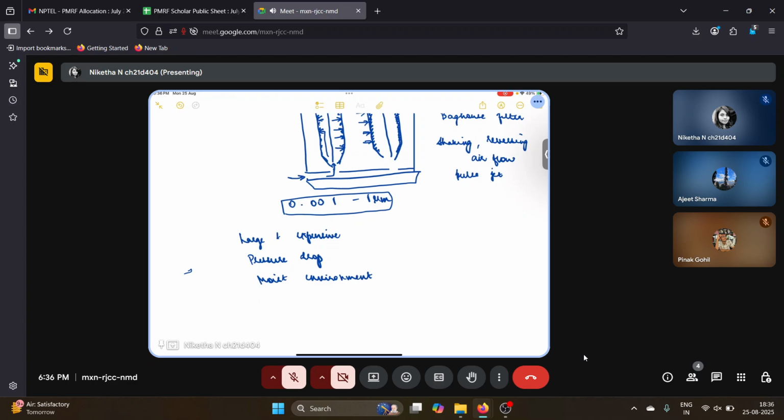Can you tell me why? Why can this filter not be used in a moist environment? In a moist environment, what will the air have?